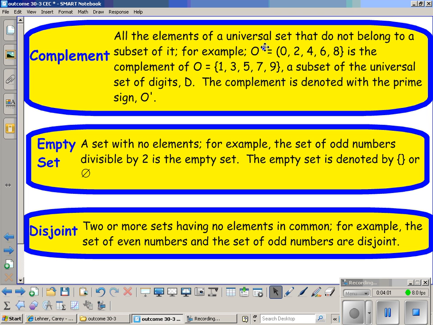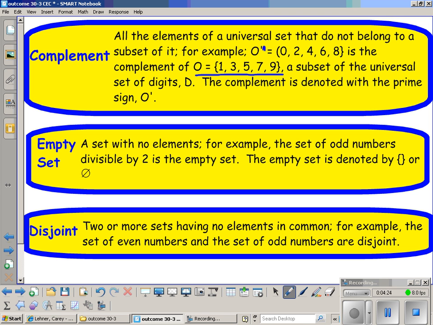So what we're saying is if we have a set of digits, 0 to 9, and we have a subset of it, O equals 1, 3, 5, 7, 9. So if we're taking this as a subset of the universal, 1, 3, 5, 7, 9, the complement of that is everything that's in the universal set.